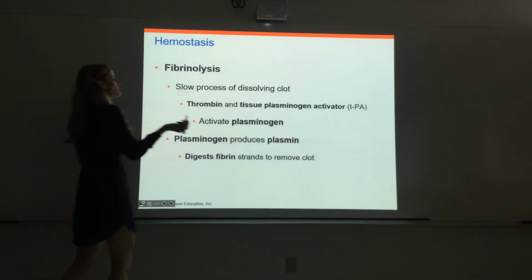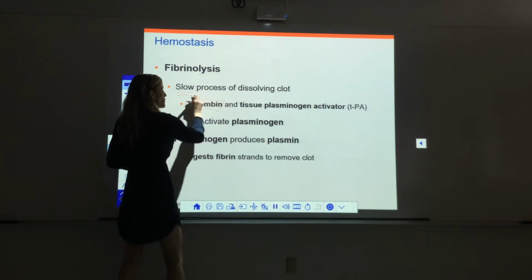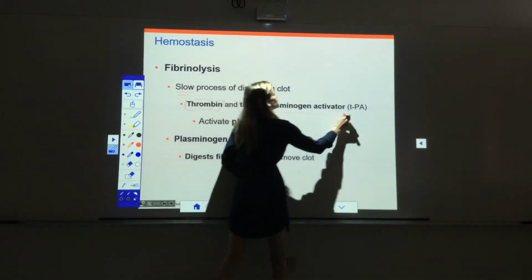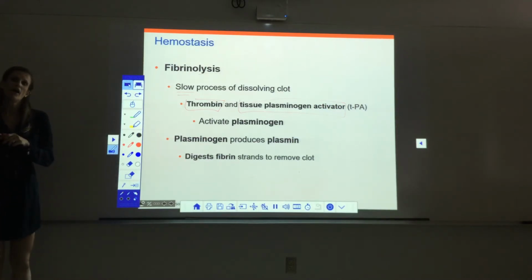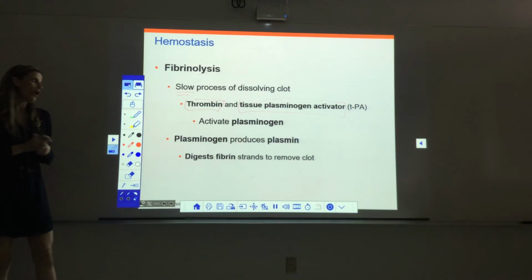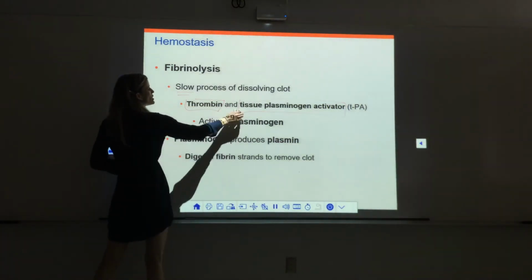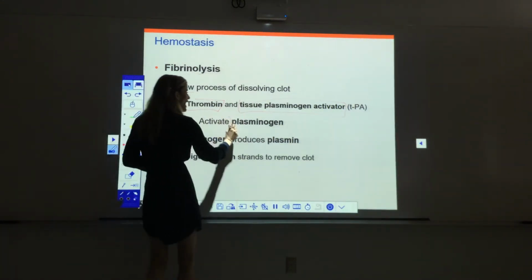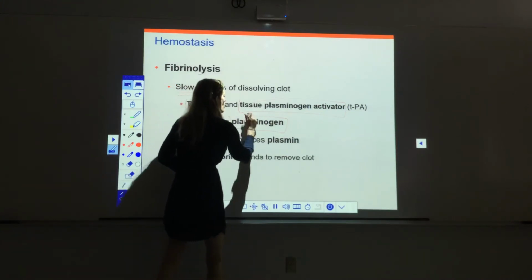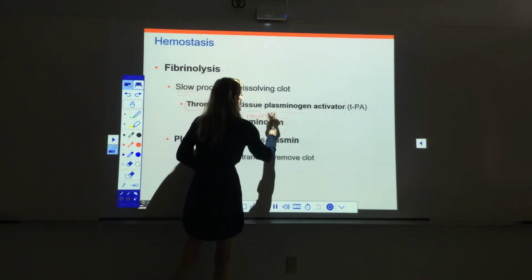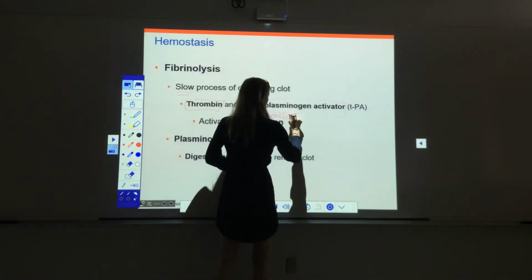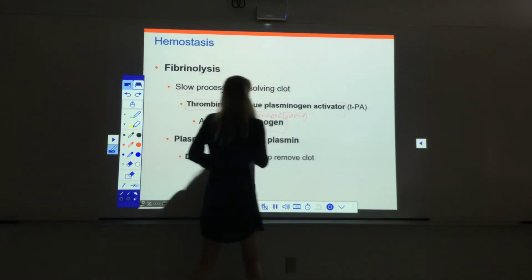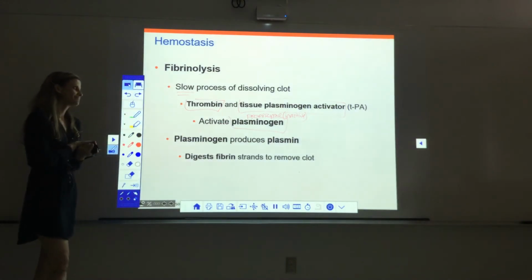We see that fibrinolysis is stimulated by thrombin and TPA. TPA is tissue plasminogen activator. If you work in an ER, you've probably heard the term TPA before. But both of these are going to go on to activate a proenzyme. Are proenzymes active or inactive? Inactive, called plasminogen.